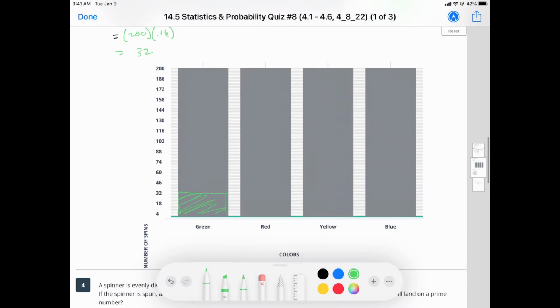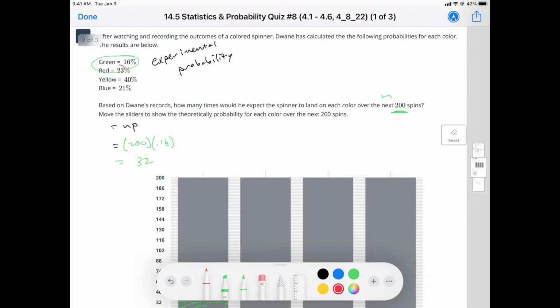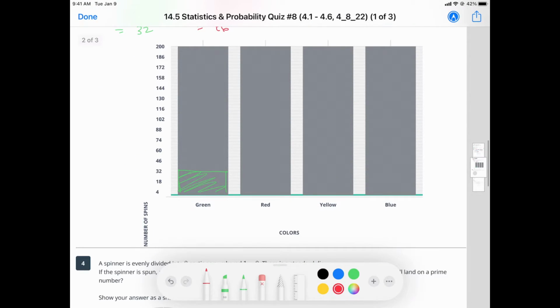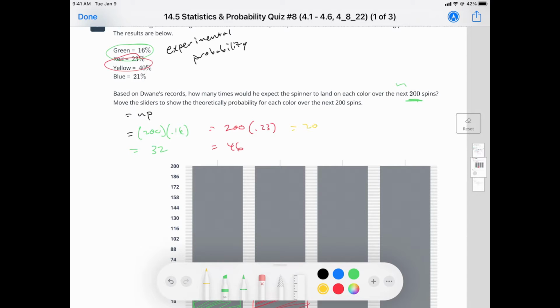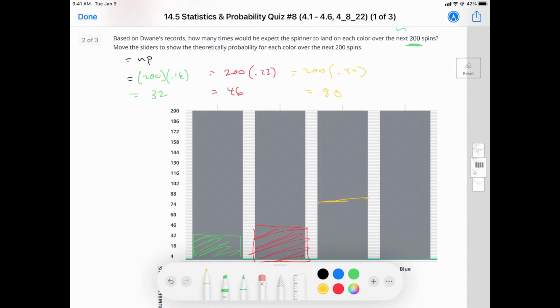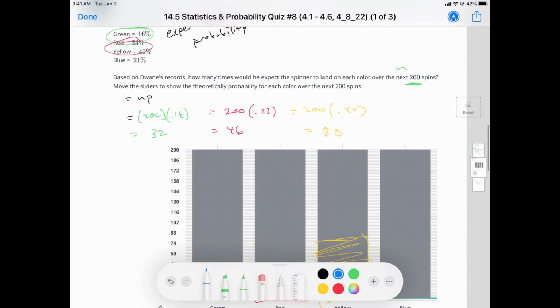Then we have red, same thing, 200 times 0.23, and this would give us 46. And then we have yellow, 200 times 0.40, this would give us 80. And then blue, you have 0.21. Put that in your calculator, I think it's 42.